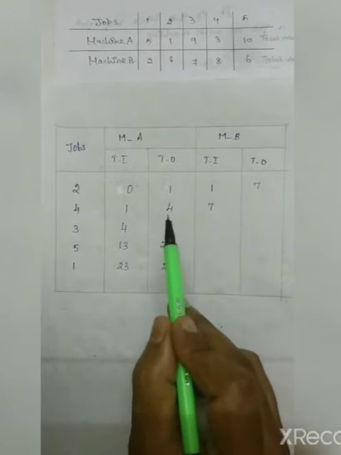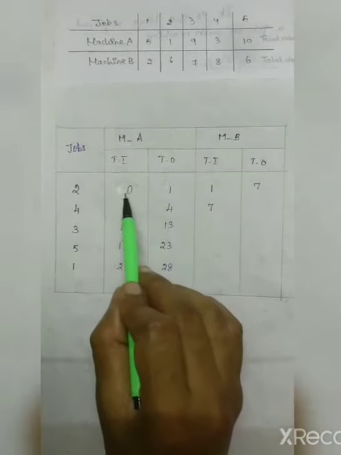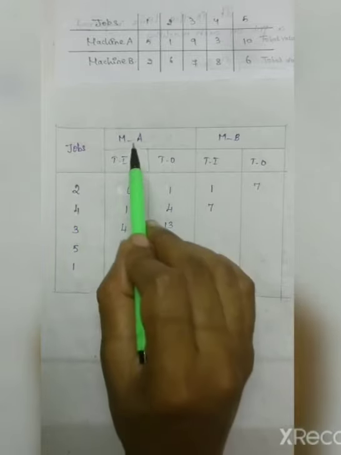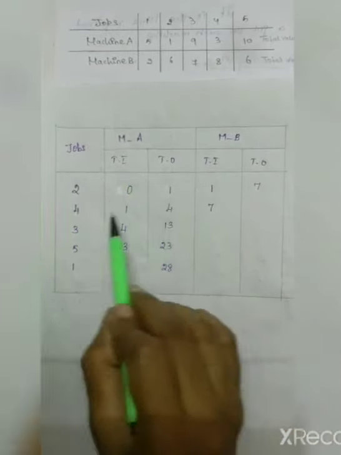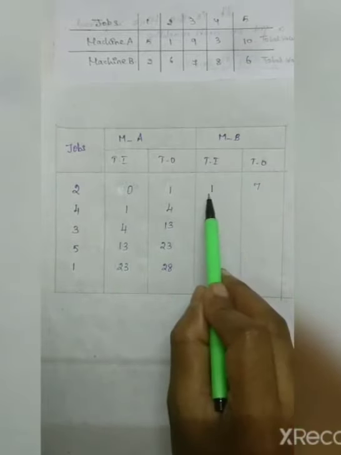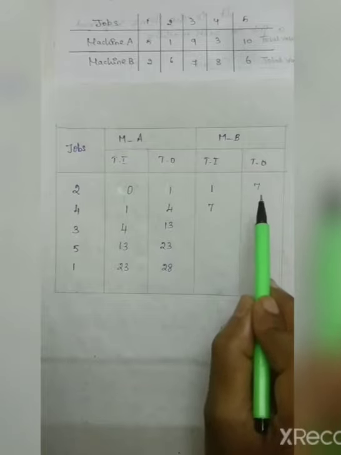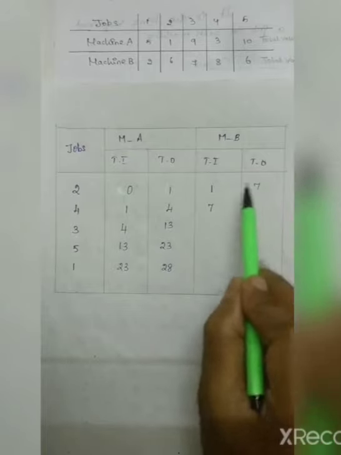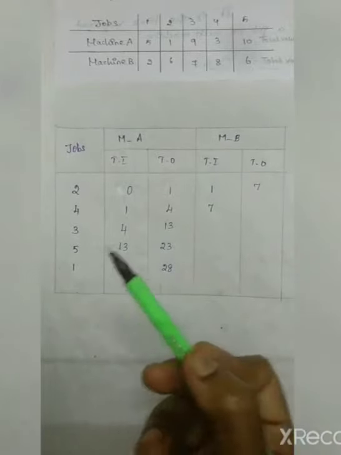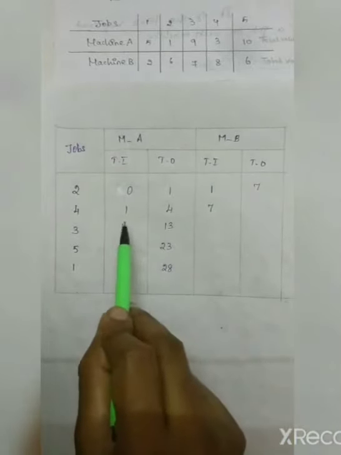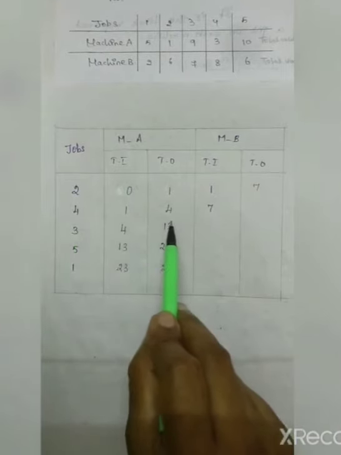Suppose you start job 2 in machine A at 10 o'clock, it will be finished at 11 o'clock. At 11 o'clock the same job appears in machine B. 7 hours means it will be over at 6 o'clock, so job 2 will be finished in machine B at 6 o'clock. But in machine A, at 11 o'clock you apply the fourth job, which will be finished by 3 o'clock.